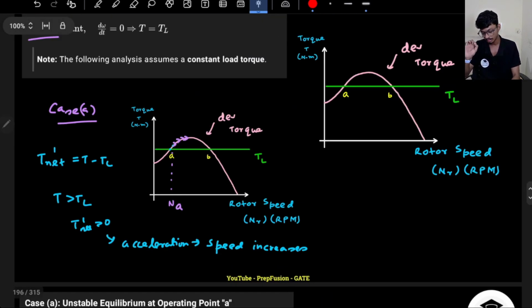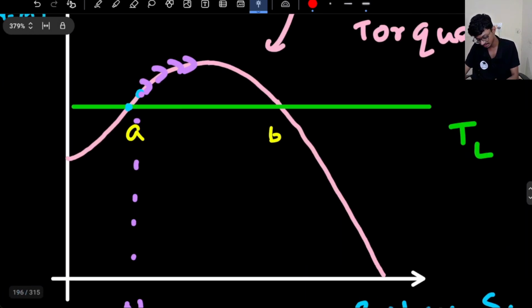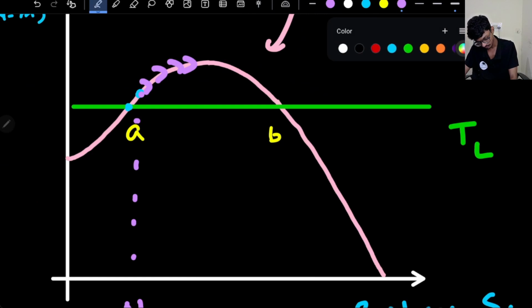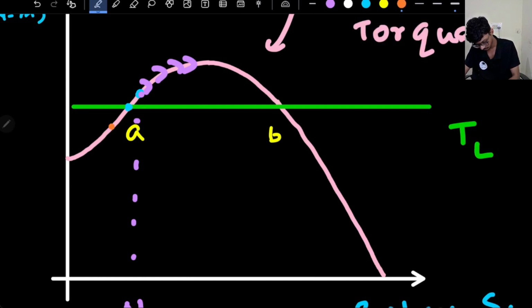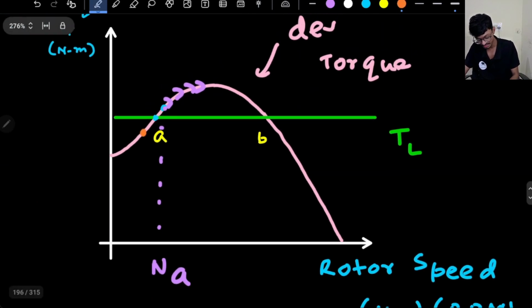Okay. Let's take the other case, let's say I had given it a disturbance at the other point here. If I give it a disturbance here, what will happen?